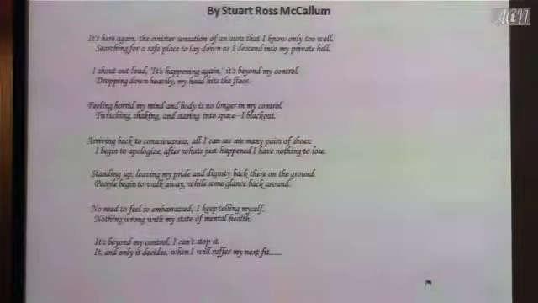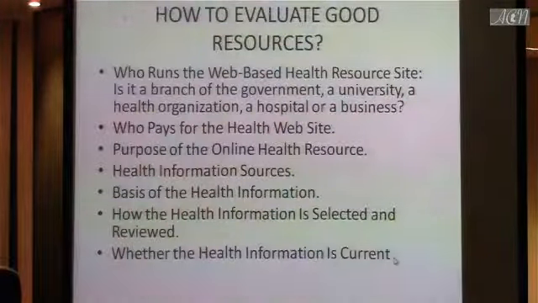But I want you to see how much we can make a difference in a patient's life. That is the job of a physician. Okay, so this is a poem written by Stuart Ross McCallum. This patient clearly stated what he is suffering from and how we can change the life of a patient. Go back to business now.